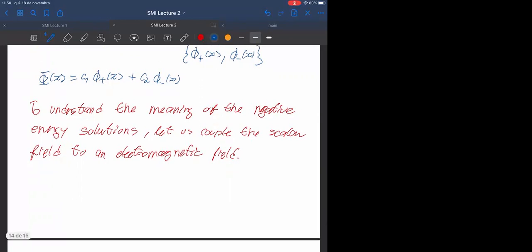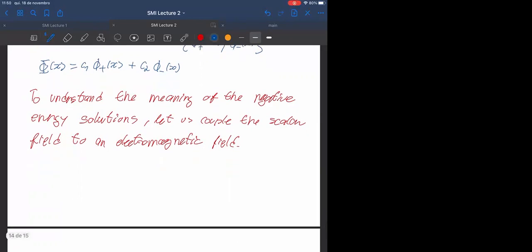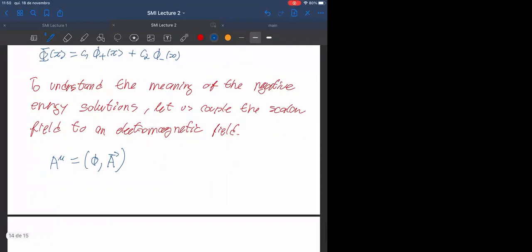And we do this in the following way. We say that we have our A mu equal to phi and A. So this phi is part of this vector field. Then when you do this minimal coupling, at the moment I'm only going to say that this is how it is, but in some lectures after this one, we will come back to this again.